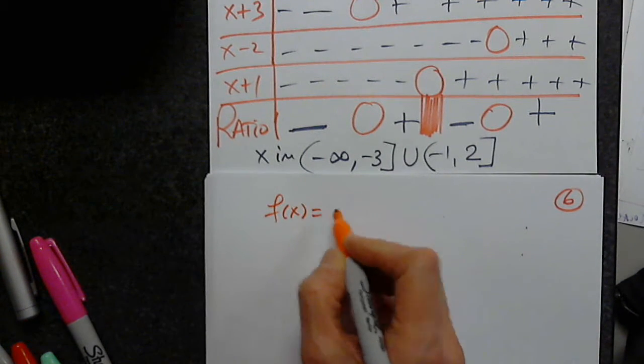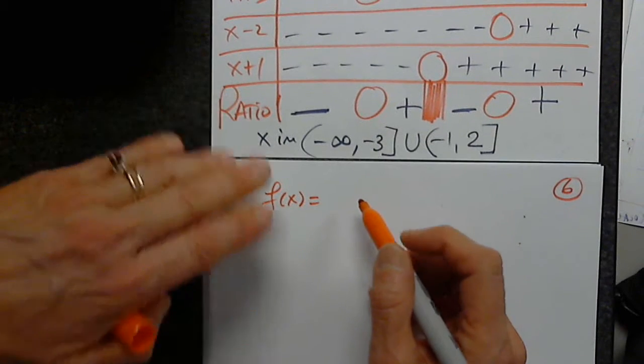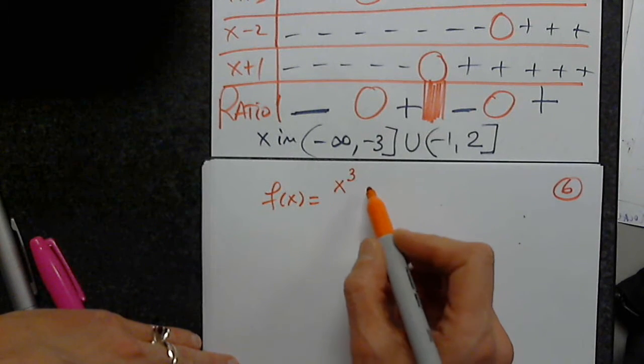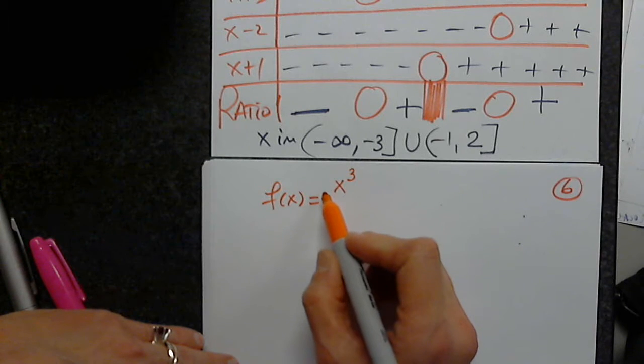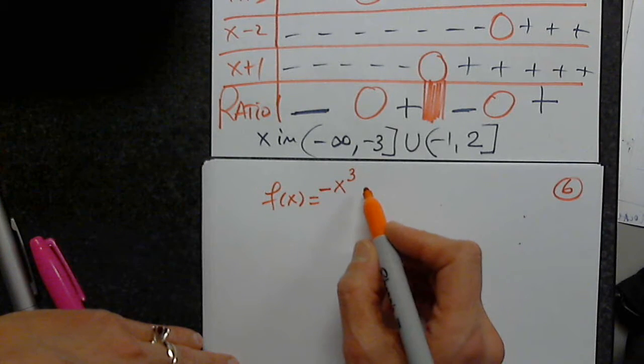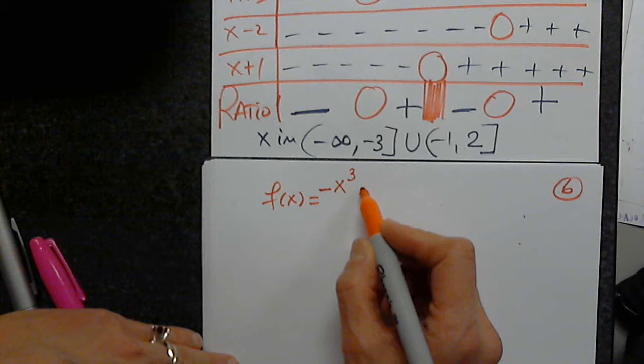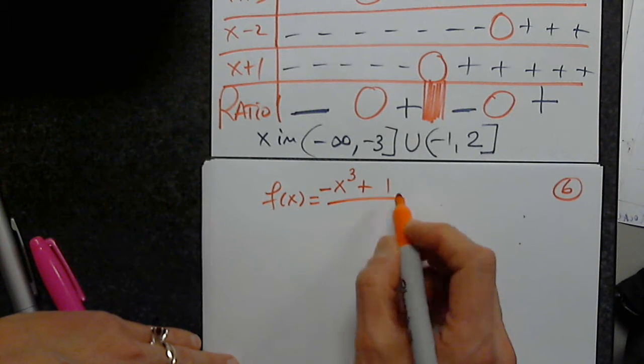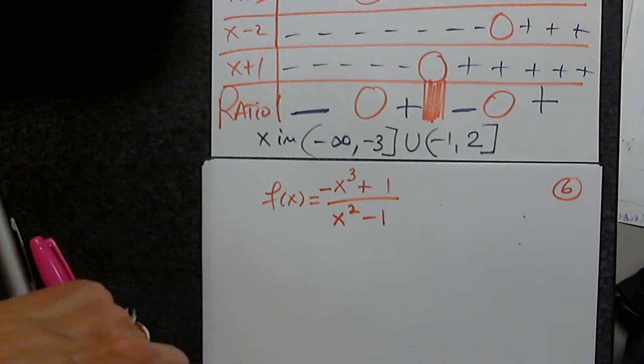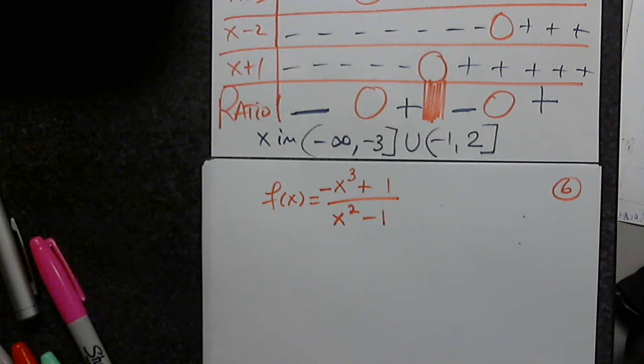So let's say f of x equals negative x cubed plus 1 over x squared minus 1. Okay. What is the first step we have to perform right away?